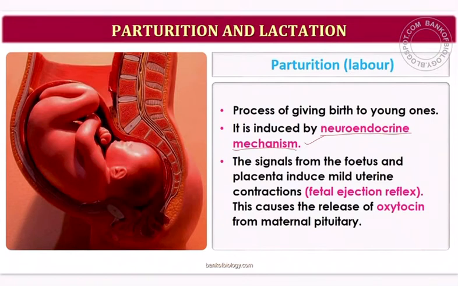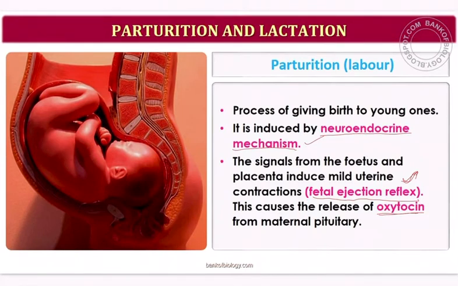So these signals from the fetus and placenta induce mild uterine contractions. So the muscles have to move, and once the muscles are moved, the baby is to push outside, and this happens because of fetal ejection reflex.